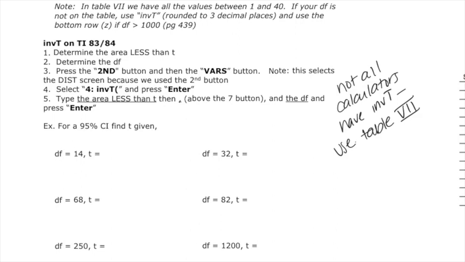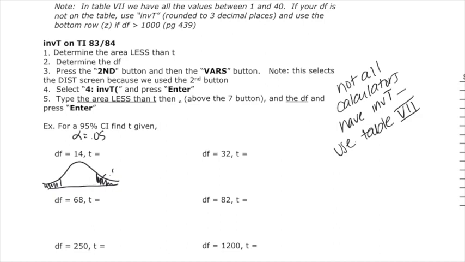All right, so for a 95% confidence interval, find the value of t given degrees of freedom of 14. So quickly, I want to sketch this. Again, that t distribution is bell-shaped, just like the standard normal. We're looking at a 95% confidence interval, which means that we're looking at the area in both tails being 0.05.